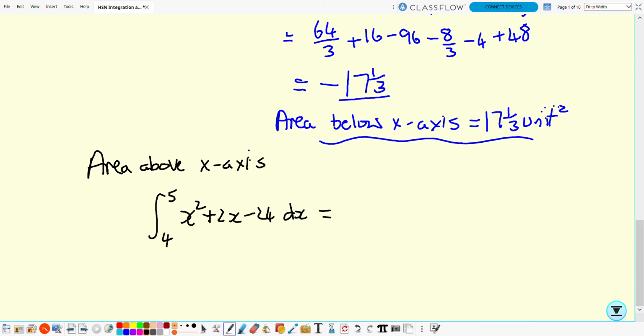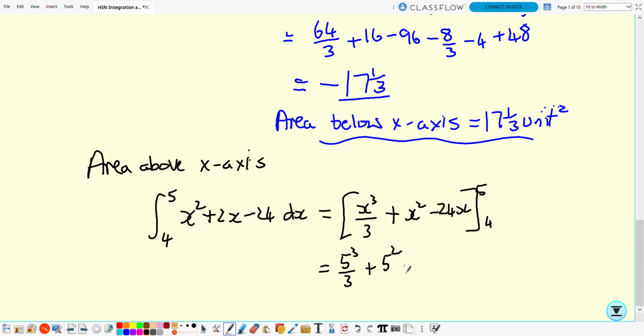Because we've already done the integrating and the simplifying, we can just go x cubed over 3 plus x squared minus 24x between 5 and 4. So that would be 5 cubed over 3 plus 5 squared minus 24 times 5. Then you've got minus all of this, 4 cubed over 3 plus 4 squared minus 24 times 4.